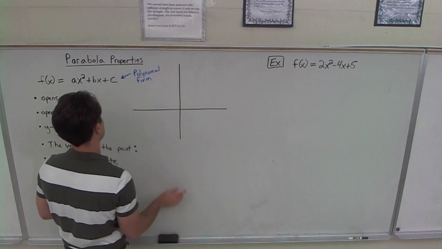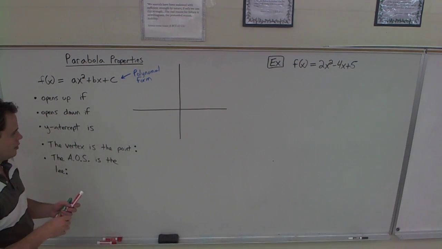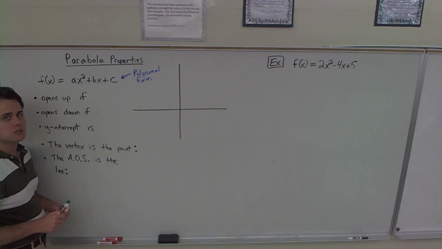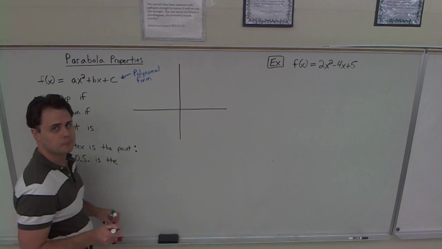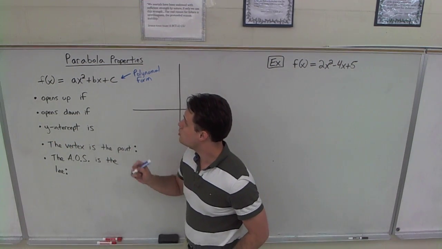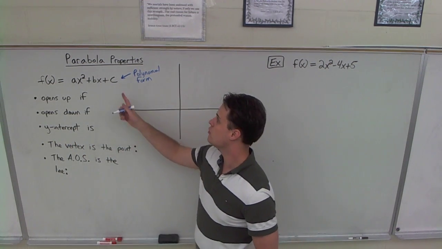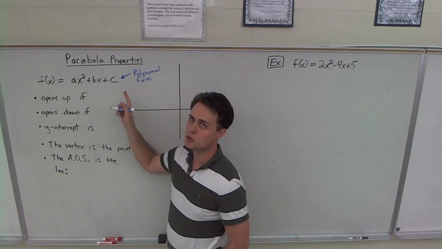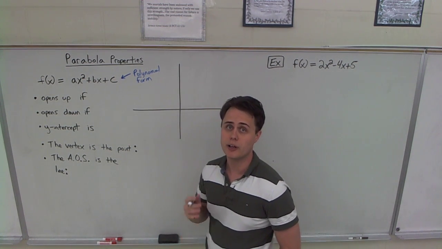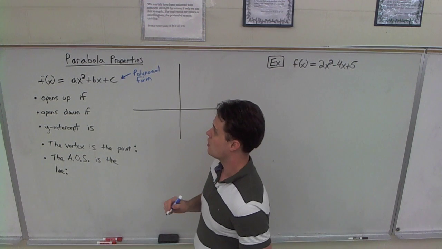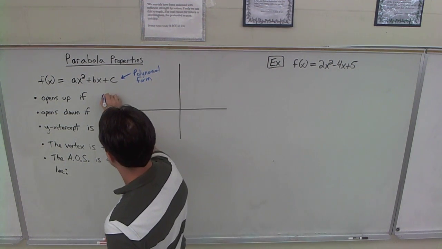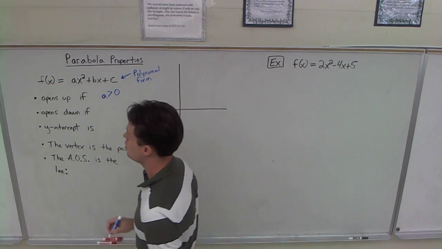Today, though, we're going to focus on this guy, the polynomial form. So let's talk about a variety of things with the polynomial form of a parabola. When does it open upward? You should remember, one of these coefficients, a, b, or c, controls when it opens upward, and that is a. If a is positive, it opens up. So positive a's will open upward.